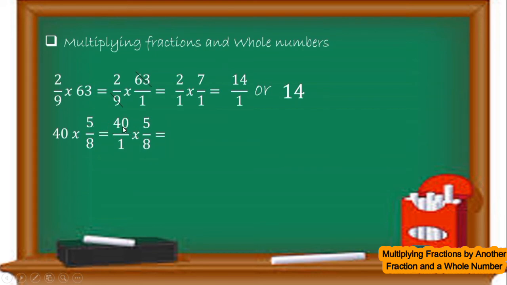So let's divide 40 by 8 and 8 by 8. 40 divided by 8 is 5 and 8 divided by 8 is 1. So 5 times 5 is equal to 25 and 1 times 1 is 1. So the answer is 25 over 1, or 25.